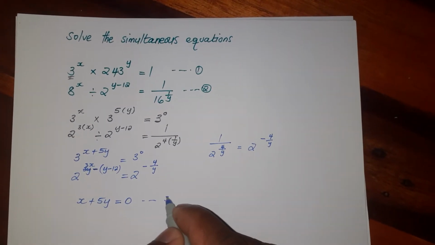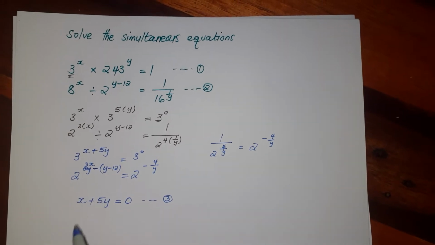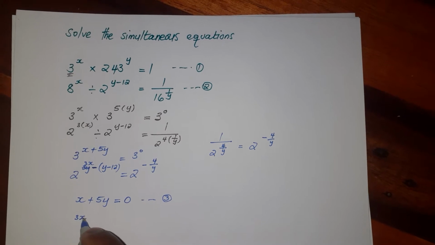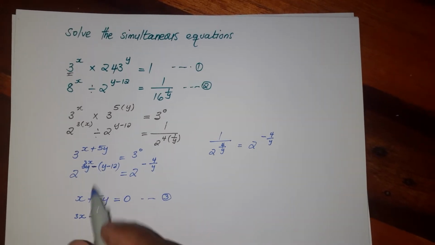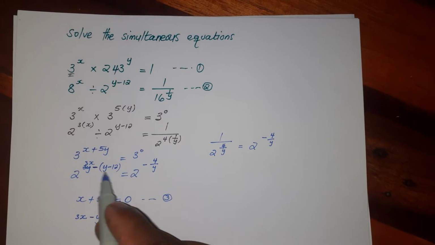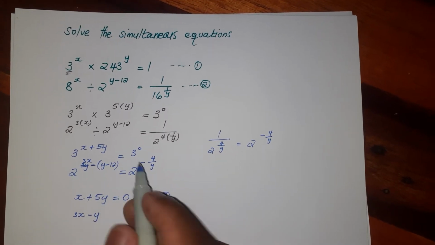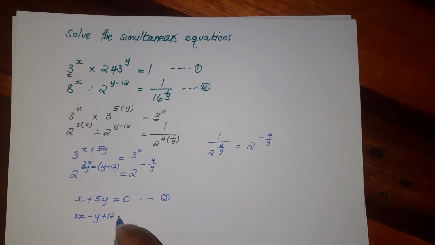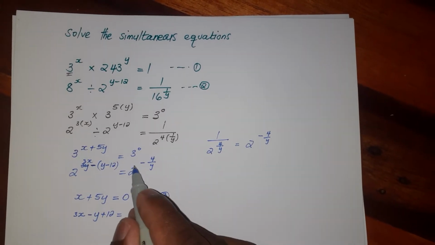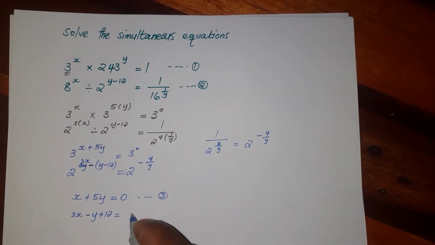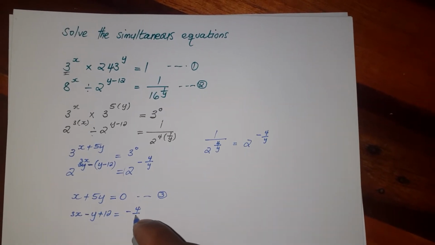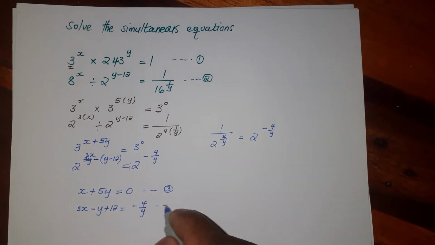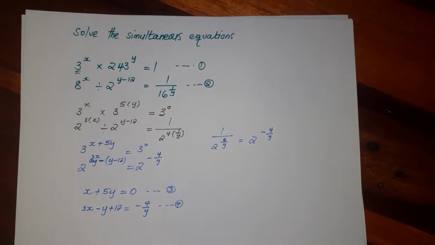Let's put equation 3, and then here we now only write 3x minus negative 1 times y. We get negative 1 times negative y, negative 12, we get positive 12 equals, we only write the exponent, which is negative 4 over y, and this becomes our equation 4.